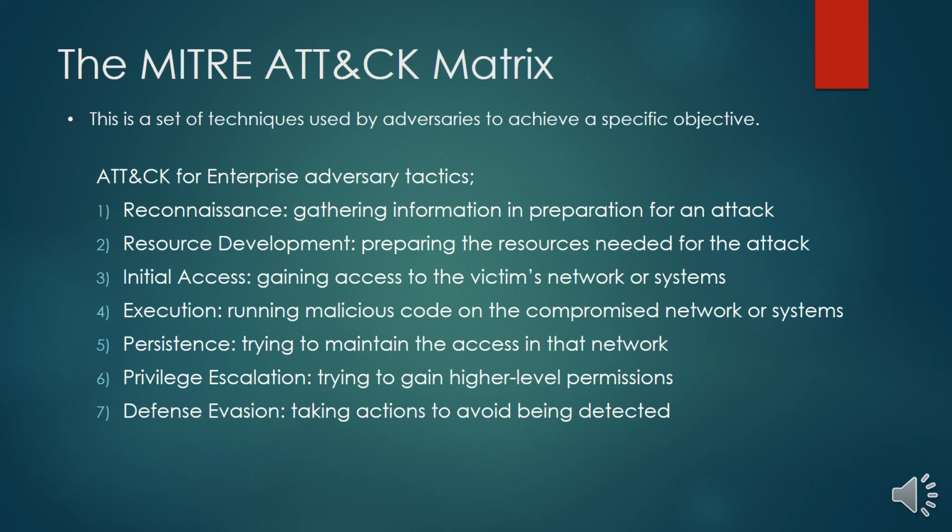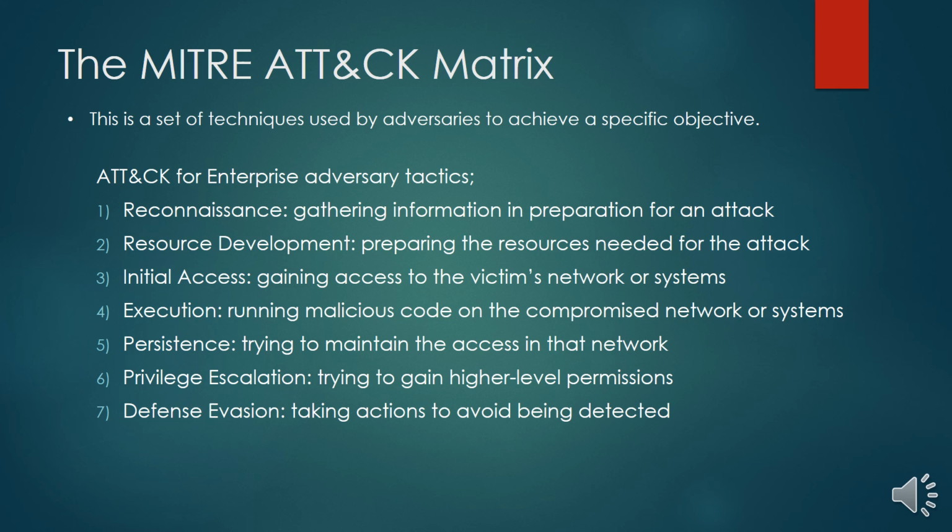They can get this information through active scanning. Then the next step is resource development. That is preparing the resources needed for the attack. The attacker will be setting up command and control infrastructure and developing different capabilities that they require to attack.